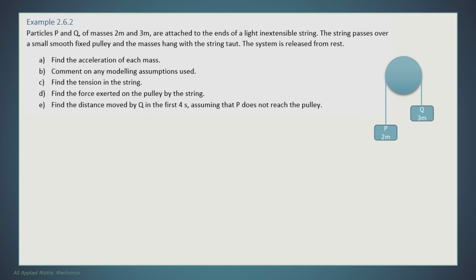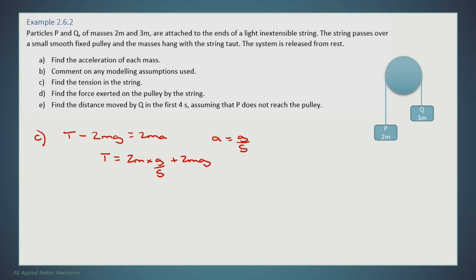Moving on, part C. Find the tension in the string. So what I want is the two formulas that I've just been working with. If I use the formula for Q that I worked with before, and I had that acceleration was equal to g over 5, we got it at 2.0 to 2 significant figures, therefore I can work out this value for T. Now normally in an exam question it would say in terms of m, because in this case that value of m is not going anywhere, so that is going to stay with us.